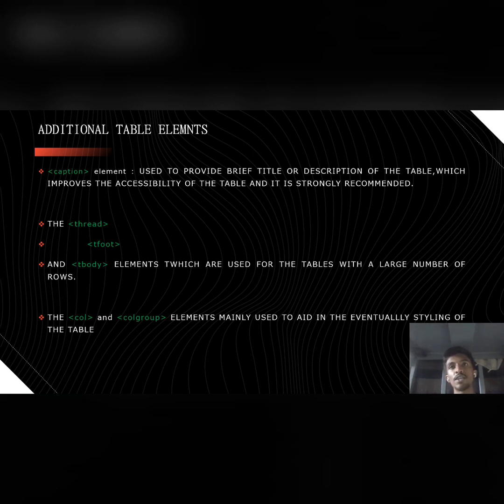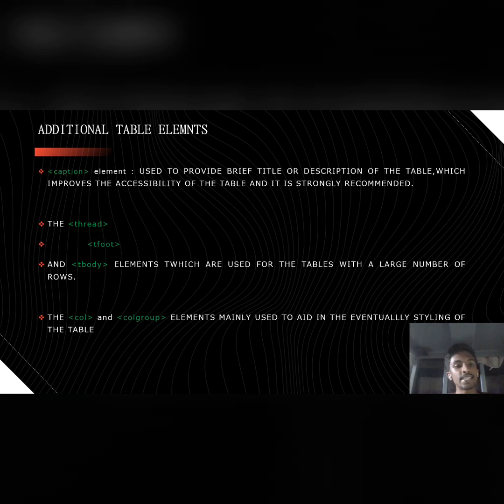It explains briefly the description of the table, which improves the accessibility of the table, and it is strongly recommended. It is very helpful to access the tables very easily, and users can easily understand what we can use this table for.